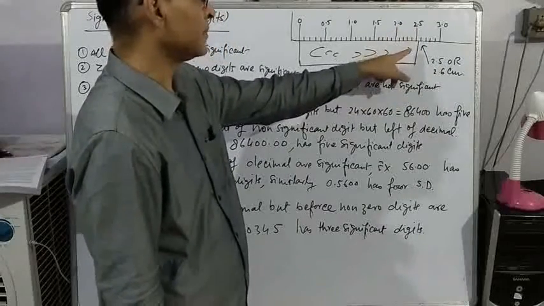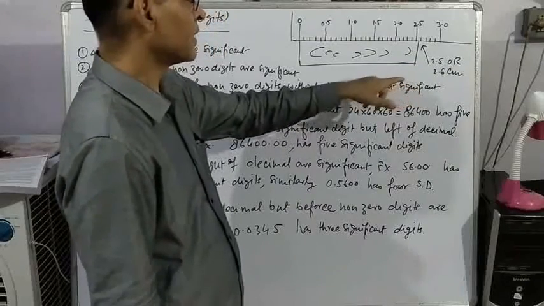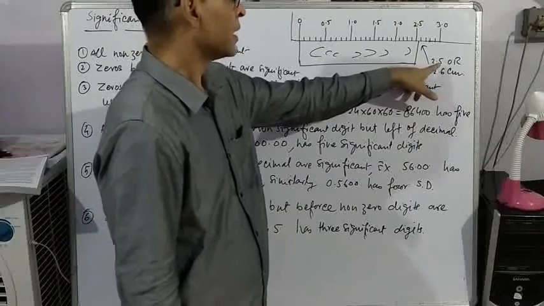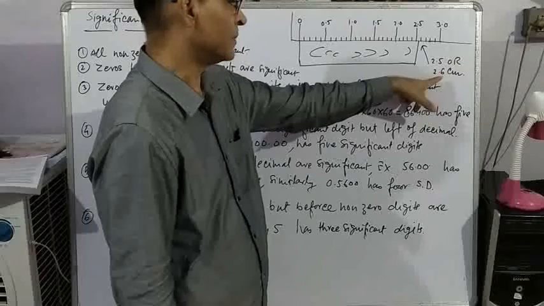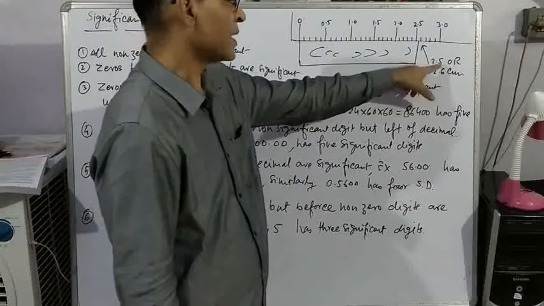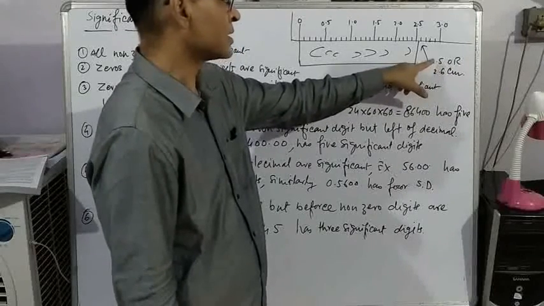But see clearly, both the values are not fully correct. You are very sure about digit 2, but digit 5 or 6 is doubtful. So the confirmed digit and the first doubtful digit taken together is called significant figure.